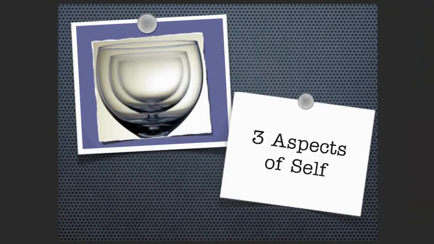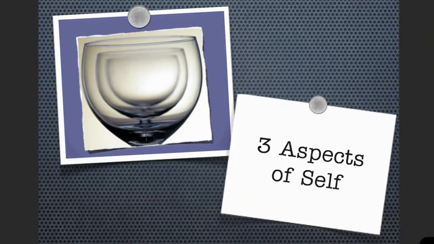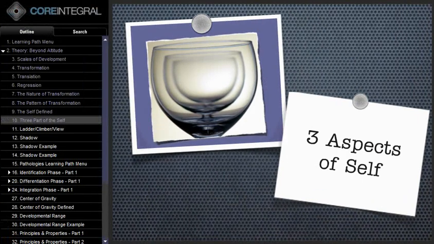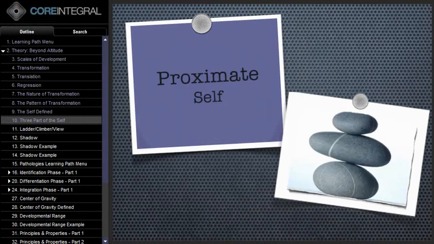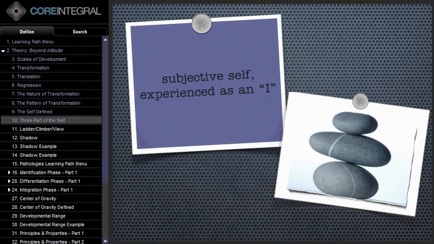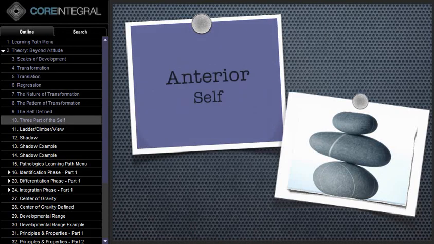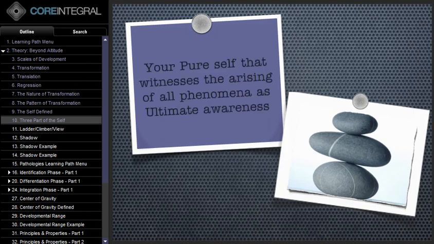Next, from more of a first-person perspective, but still described in third-person language because that's what works when learning theory, your self-sense is made up of 3 aspects or components. Your proximate self, which is your subjective self experienced as an I, your distal self, or your objectified self, which is experienced as me or mine, and your interior self, which is your pure self, the self that witnesses the arising of all phenomena as ultimate awareness.